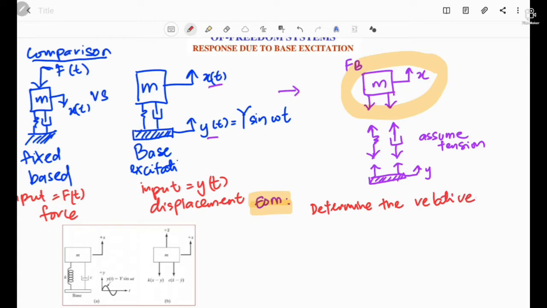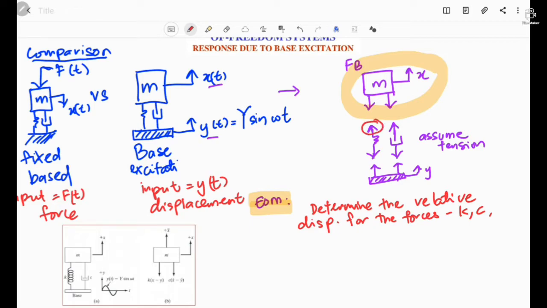So how do you get your relative displacement for the forces, for k and also for your c? Because normally we write kx, but now you have two sides of your k.